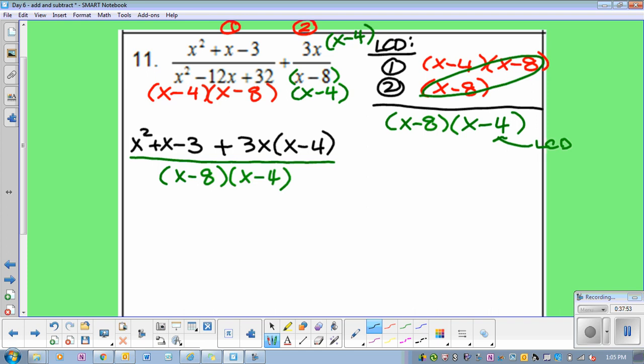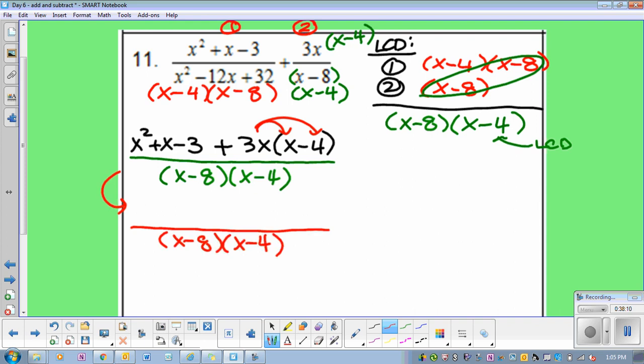Distribute. So then this becomes x squared plus x minus 3 plus 3x squared minus 12x.